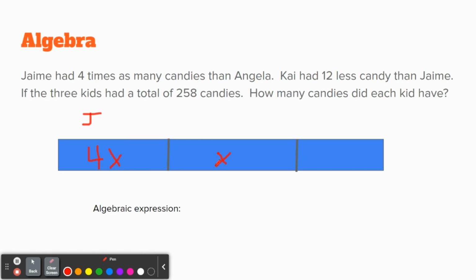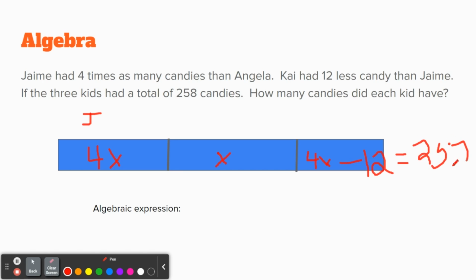And Kai had 12 less than Jamie. So if Jamie had 4x, then Kai had 4x minus 12.